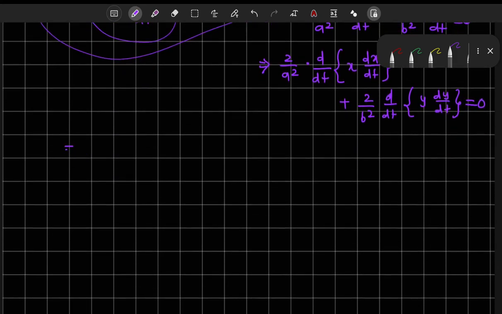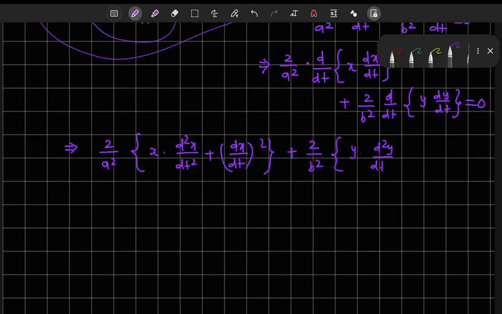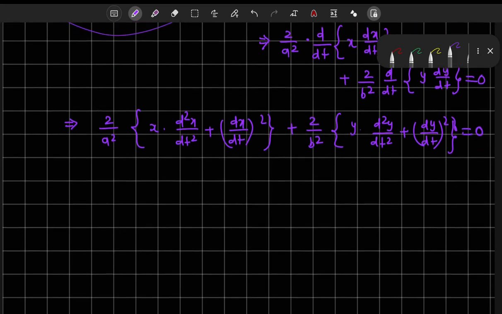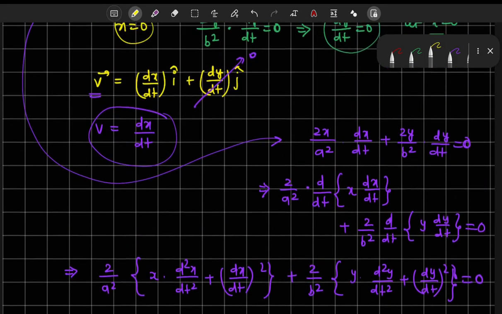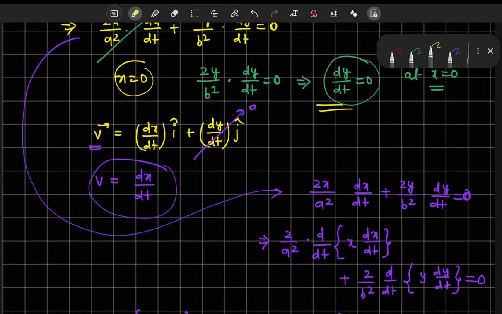So we can write 2/a² into d/dt of (x dx/dt) plus 2/b² into d/dt of (y dy/dt) equal to 0. From here we get 2/a² into [x d²x/dt² plus (dx/dt)²] plus 2/b² into [y d²y/dt² plus (dy/dt)²] equal to 0. Now here the term dy/dt is 0, that we have found out here.